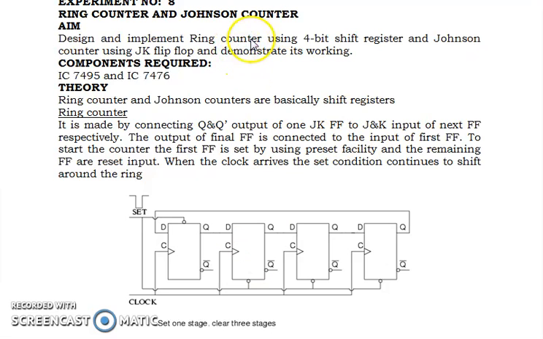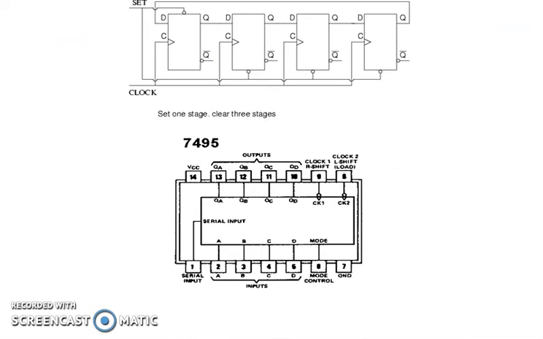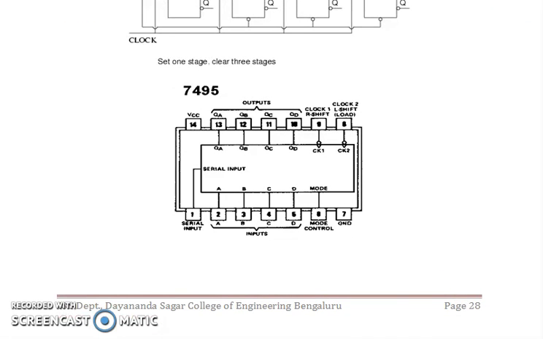It is specified here that we should use a 4-bit shift register to implement ring counter. So the 4-bit shift register is the 7495 IC, that is a universal shift register IC. It is called a 4-bit parallel access shift register.